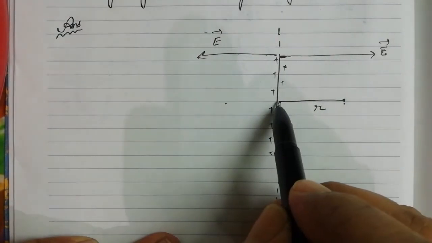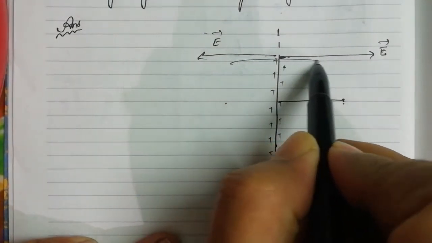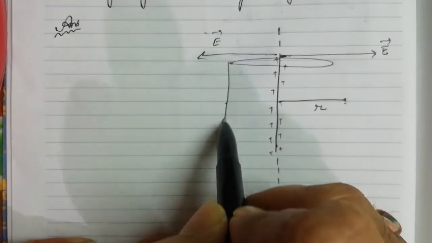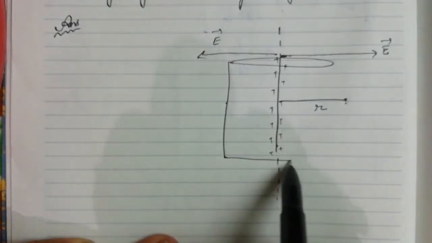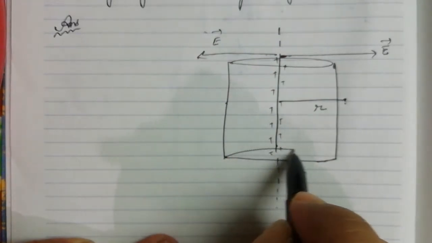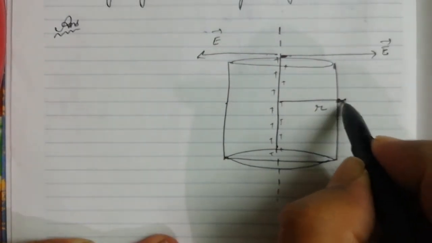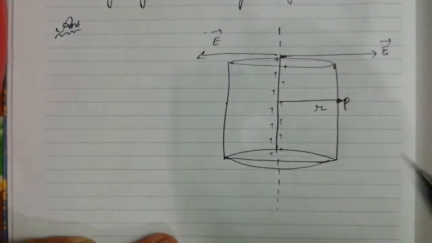So by keeping this r as a radius, we draw a Gaussian surface, and it is a cylindrical Gaussian surface, and this is point P.